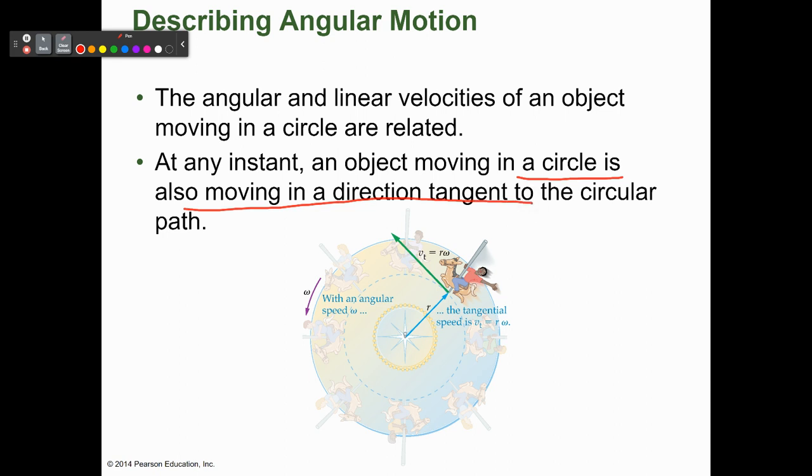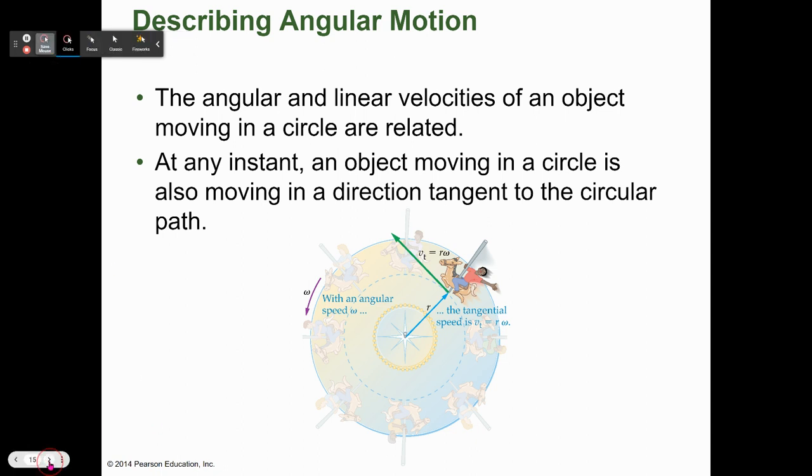It would be like if you're going in a circle, and this for some reason broke, then that horse and you would fly off in a straight tangent path until some other force acted on you and stopped you. So when you're moving in a circle, you have both an angular velocity and a linear velocity. Okay, so let's look at how that works.